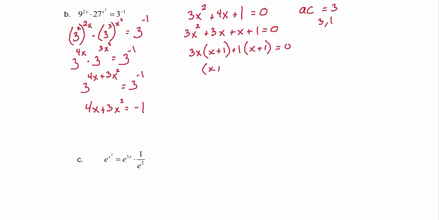Continuing to factor, we have x plus 1 times 3x plus 1, all equal to 0. Then set each of those factors equal to 0. And solving, we get x equals negative 1 and x equals negative 1/3.